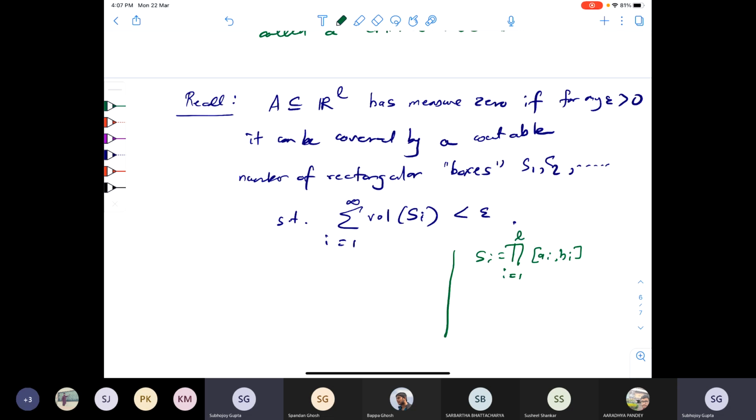So that's a box, and the volume of any of these boxes is just the product of the lengths of the sides, so b_i minus a_i.